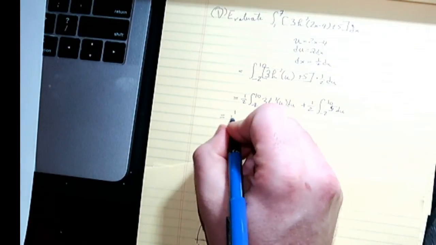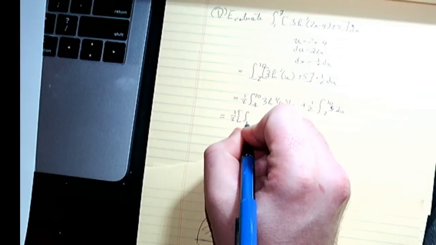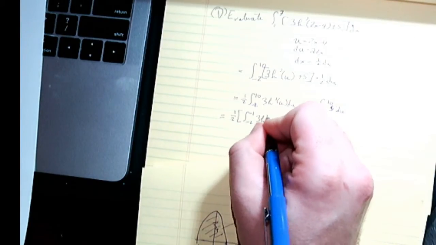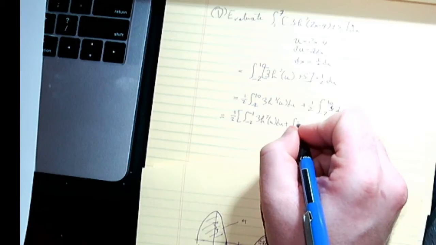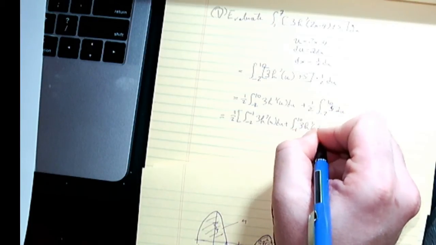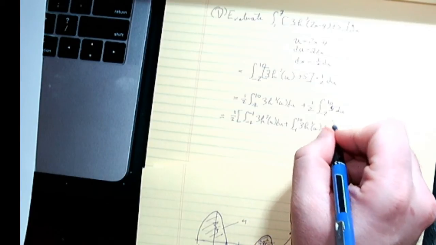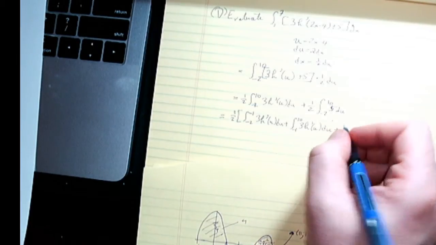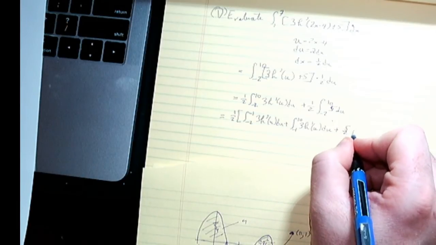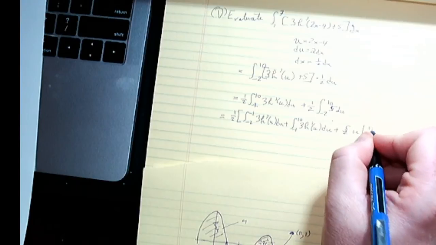So this is 1/2 an integral from minus 2 to minus 1 of 3h prime of u du, plus an integral from minus 1 to 10 of 3h prime of u du, plus, and now this one we can just do, 5/2 times u evaluated from minus 2 to 10.